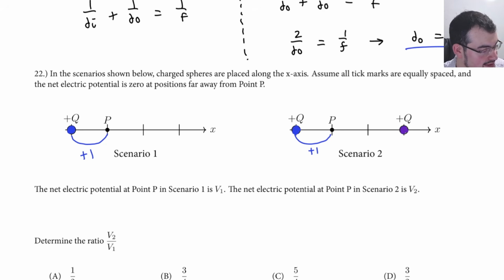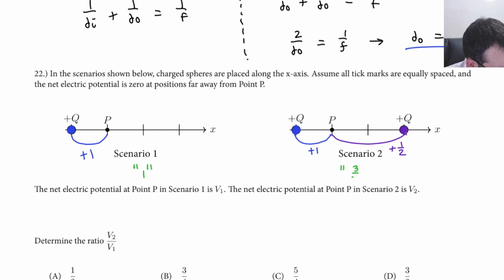It's still going to add to the height, except now we're 2 units away. So this would be adding a factor of +1/2. So the potential in scenario 1 is essentially 1. And the potential in scenario 2 is 3/2.